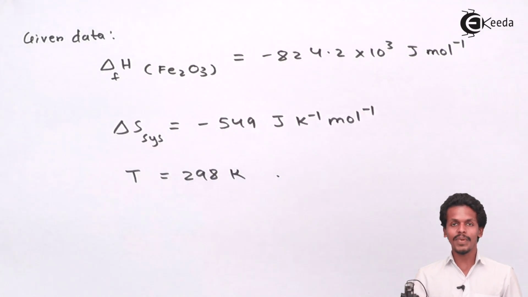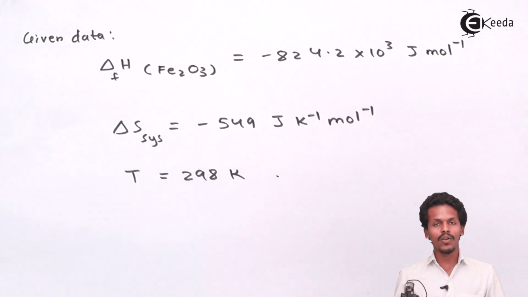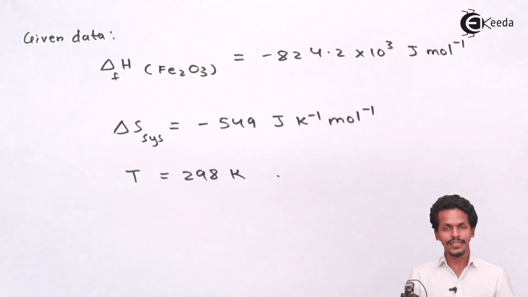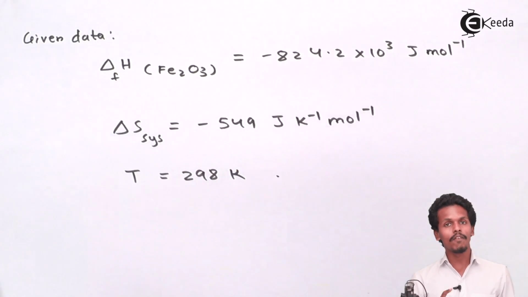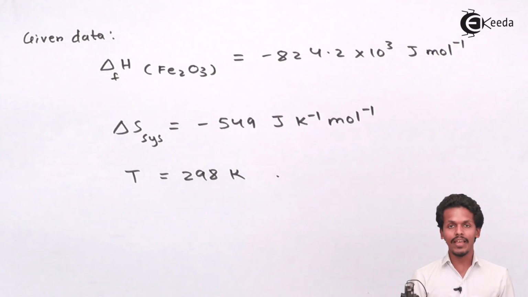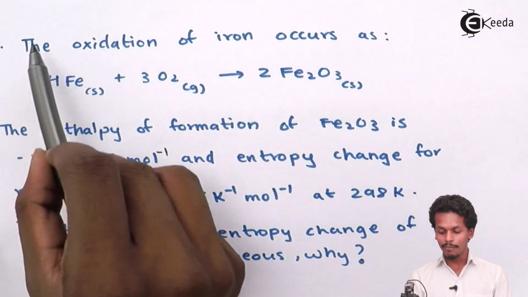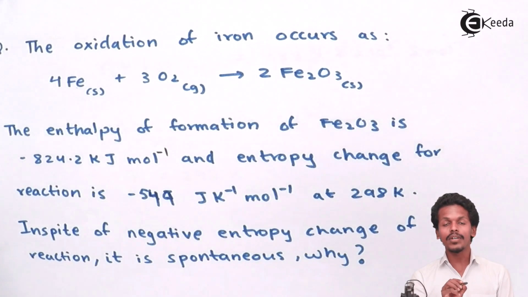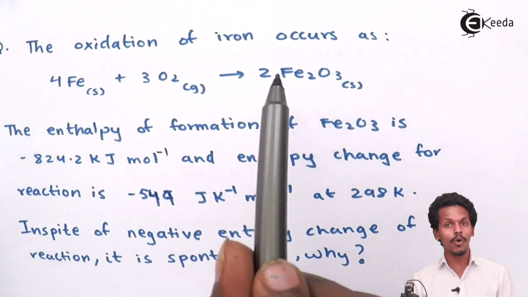But this is not as simple as it seems, because the value of delta H, the heat of formation, is for only 1 mole. But what do we have in the question? The product is formed as 2 moles. 2 moles of Fe2O3 are formed here.